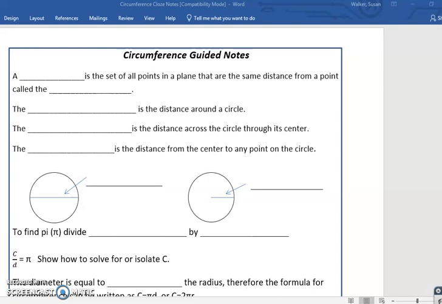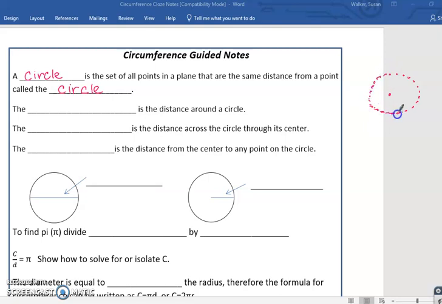And the first one is a circle. A circle is the set of all points in a plane that are the same distance from the point called the center. So it's a lot of words. Basically, it's saying we have a center, and I'm not going to draw this very well, but it's all the points in a plane that are the same distance from a point called the center.